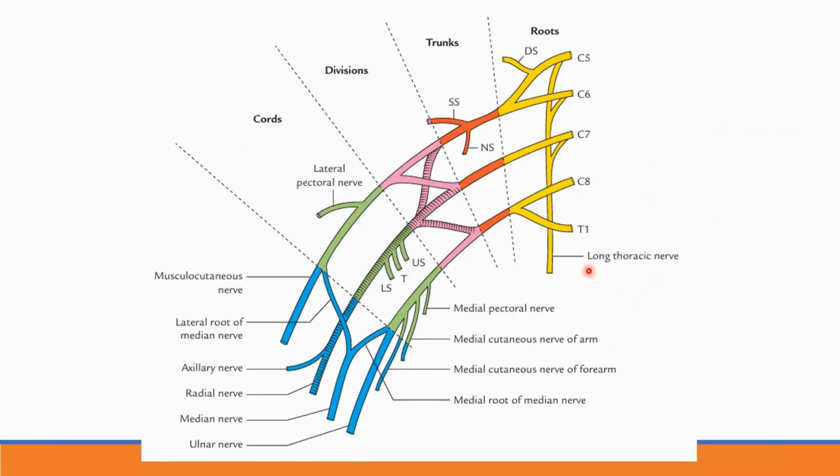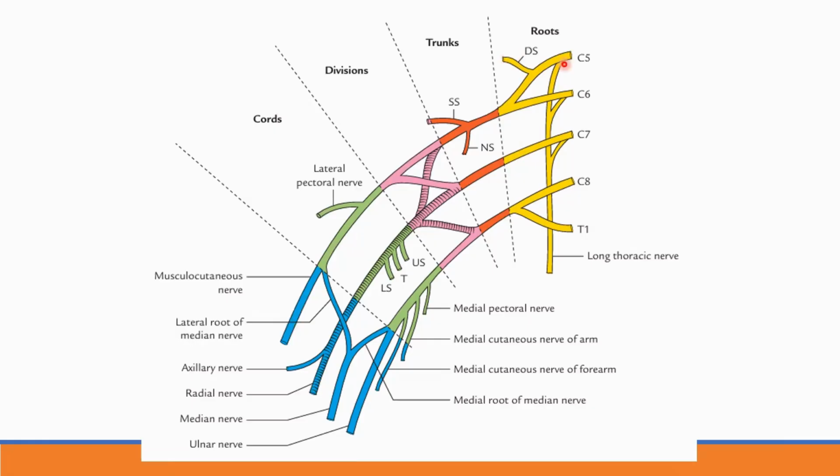Now finally, we have the branches. So if you see from the roots, there are some extra branches you can see. Directly from the root of C5, you can see dorsal scapular nerve, that is one branch coming out.